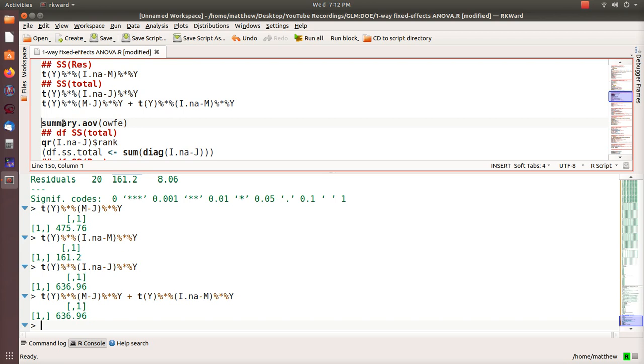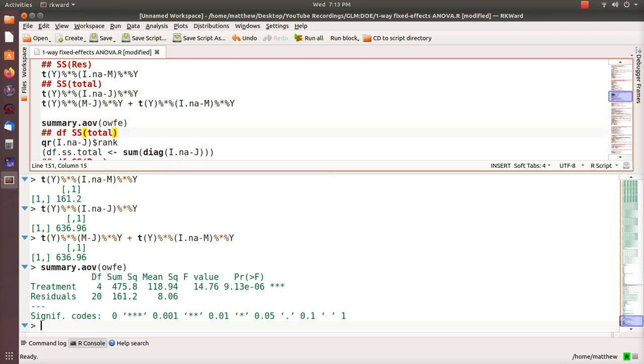So if we hit summary, then it knows it's an AOV analysis, and it goes and grabs summary.aov and prints it. But if you definitely want it to use summary.aov, then you just use the command. The reason I'm telling you this is that when we do contrasts, everything I've read says you need to use this command to force it to use summary.aov. When we get to parts 7, 8, 9, and 10, that'll be more apparent.